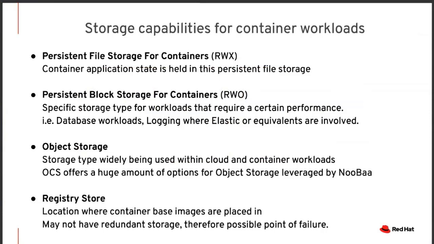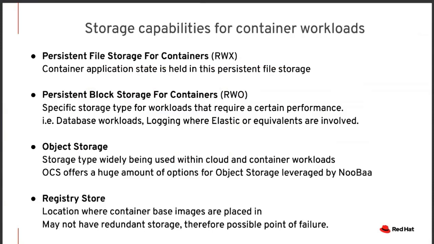You could think of database workloads, logging, Elastic, those kinds of things where you really need performance, and a file system is not always capable of delivering optimal performance for those kinds of workloads. That's where we have block storage that is more powerful and can have more I/O compared to file storage. So that's file and block.